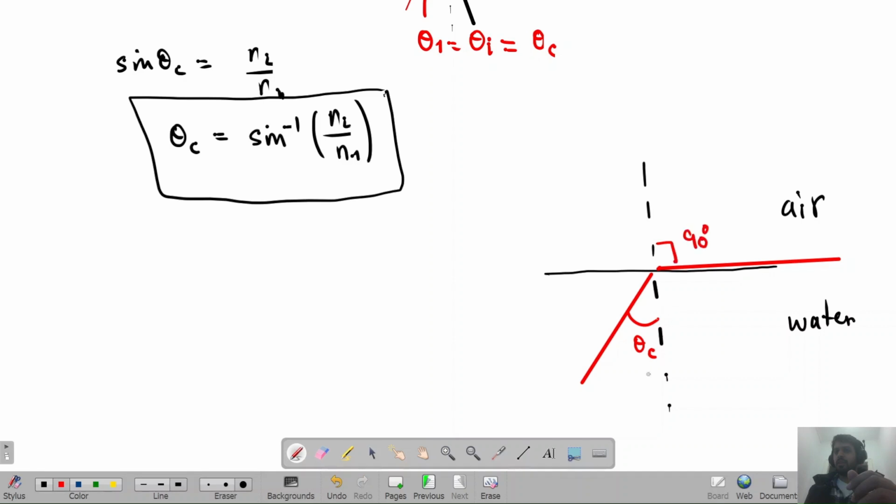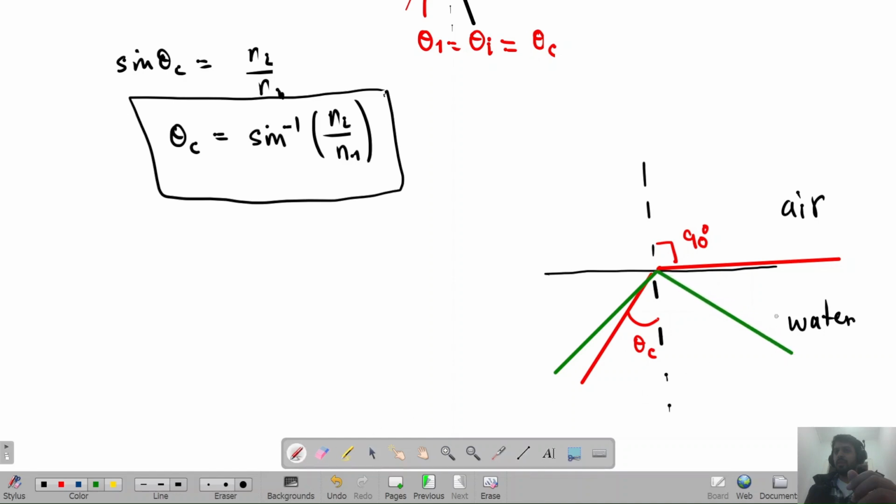Okay, now what will happen if I increase the angle of incidence and it becomes greater than the critical angle? Okay, I will draw it in a different color. So now this line, you can see it makes an angle which is greater than the critical angle, right? So the angle of incidence is now greater than the critical angle. What will happen is that the ray will be reflected in the same medium like this.